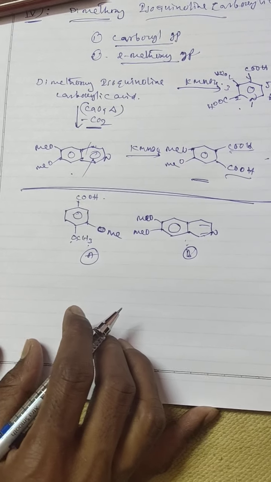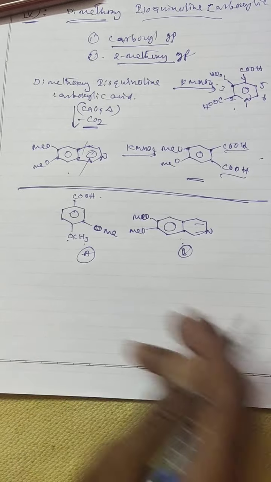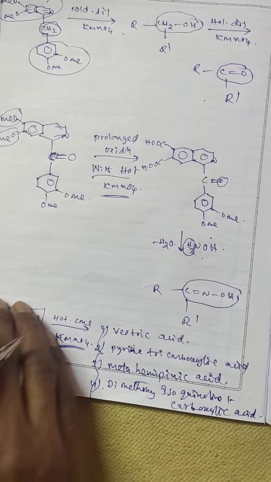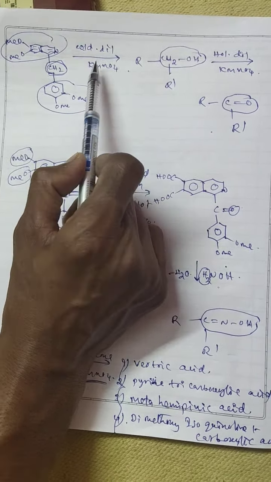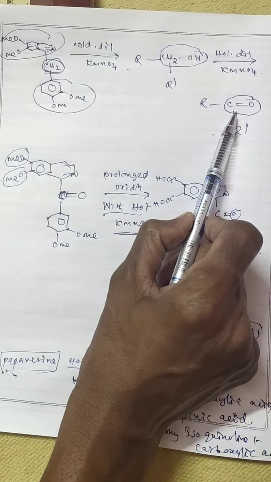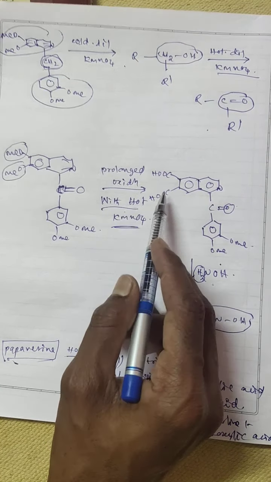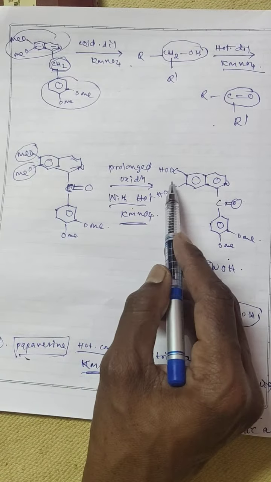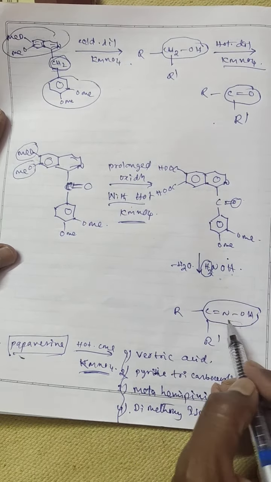So the total structure of papaverine, already we have seen here. This is the papaverine which on cold dilute KMnO4 forms alcohol, which is converted into ketone by the reaction with hot dilute KMnO4, right? Prolonged oxidation converts the methoxy groups into acid groups, right? Whenever it reacts with NH2OH it forms oxime.